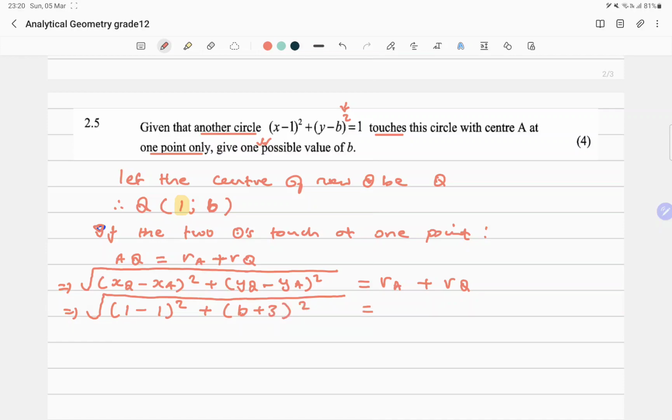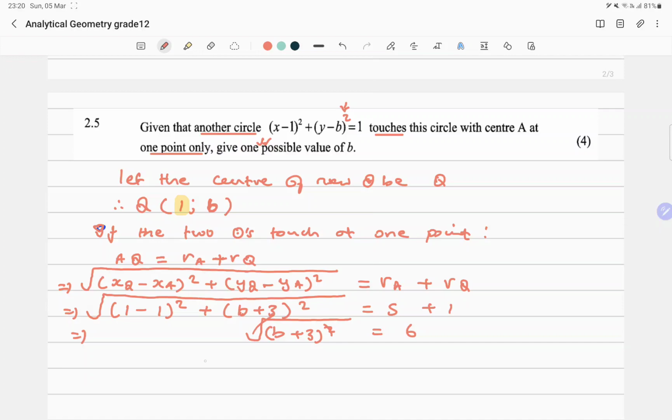All squared equals, that radius is the square root of 25, which is 5, plus the square root of 1 there, which is just 1. We solve further, and we see that the 0 falls away. We have the square root of (b plus 3) all squared equals 6. When you're taking a square root of a square, these two cancel.